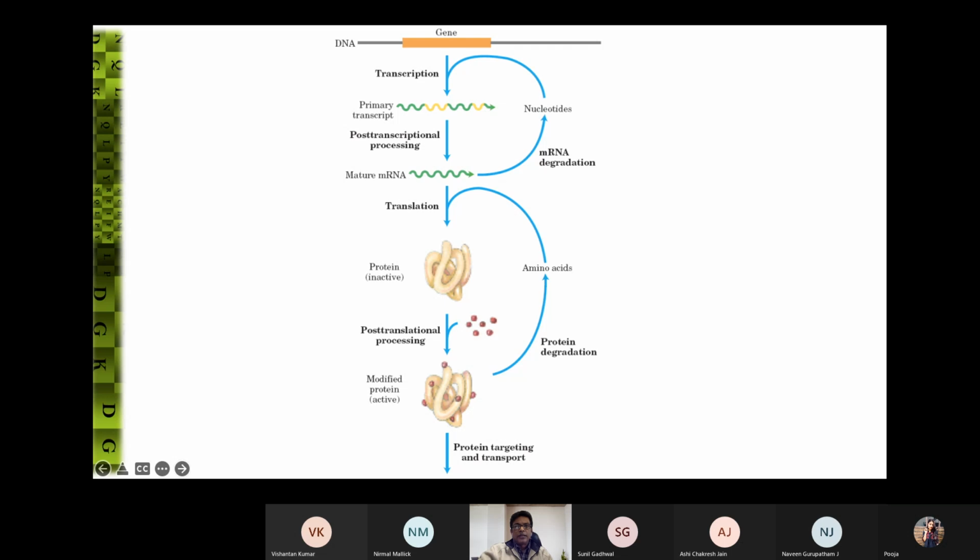In that case, we'll have to look at the detail of the kinetics involved for operator binding or inhibitor binding, and also the rate of synthesis and how they're getting synthesized.